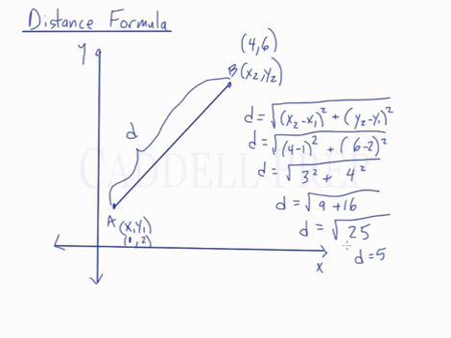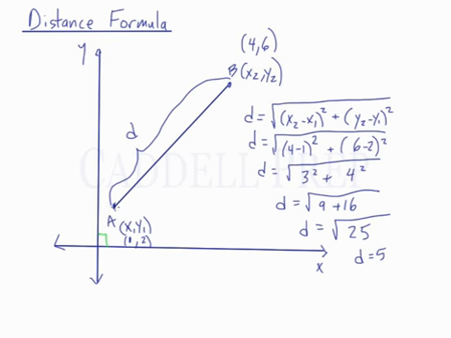Okay, if you do not want to memorize this formula, there is another way of finding the distance between 2 points. And it's actually very similar to the formula. It's what the formula is based on. What we have is that the y-axis and the x-axis make a right angle.